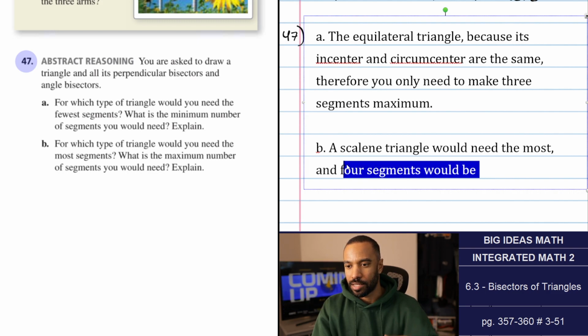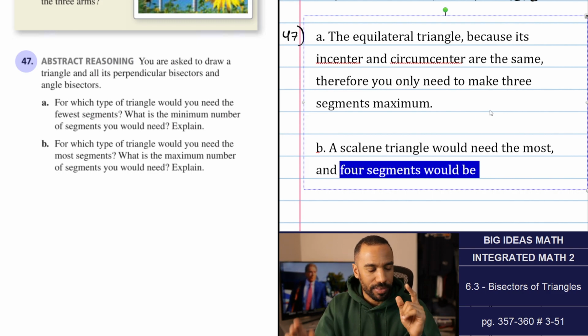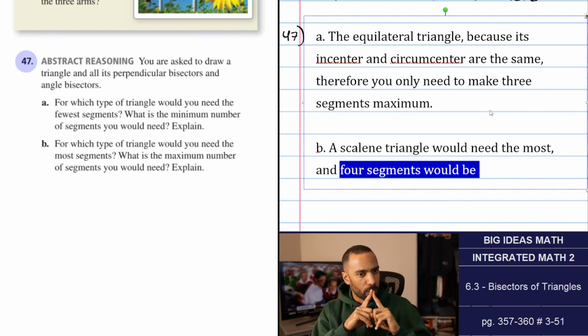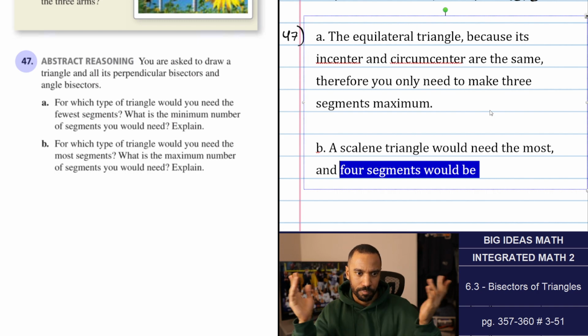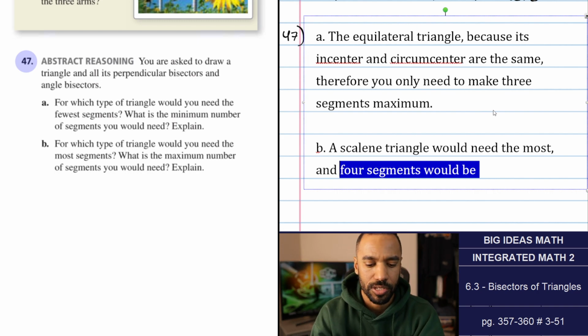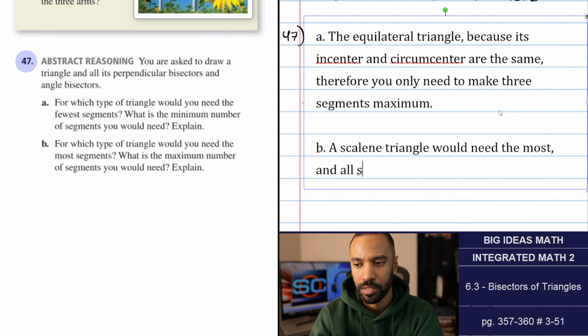So, and I guess you need 6 segments here. You were asked to draw in all its perpendicular segments, the angle bisectors. You need 6. And all 6 segments would be needed.